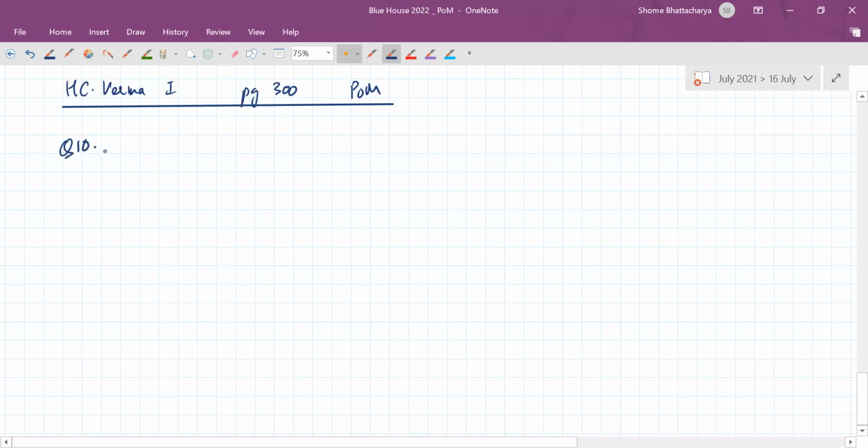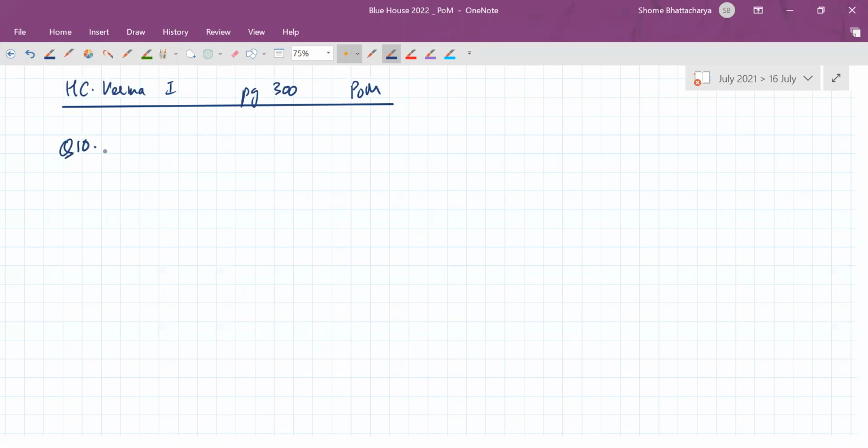It says that there's a sphere of 20 kg suspended by a metal wire of unstretched length 4 meters and diameter 1 millimeter. When in equilibrium, there's a clear gap of 2 mm between the sphere and the floor. The sphere is gently pushed aside so that the wire makes an angle theta with the vertical and is released. Find the minimum value of theta so that the sphere does not rub the floor. Young's modulus of the wire is given to you.